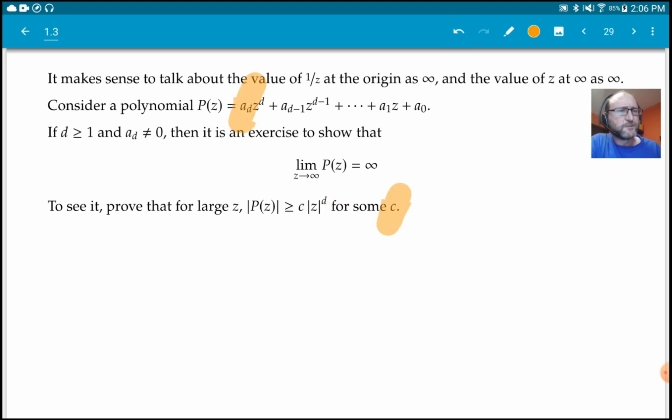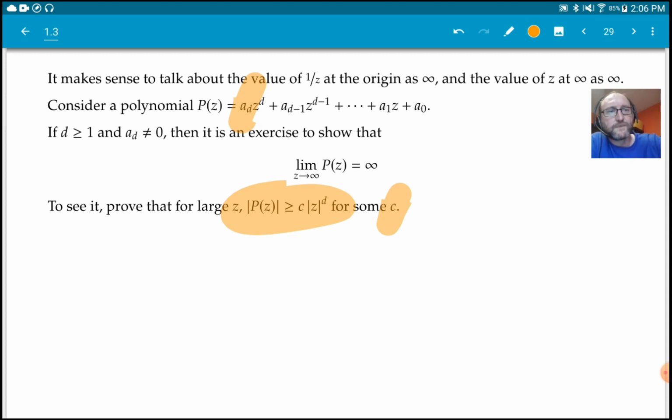This c is not necessarily going to be a_d. It's probably going to be something smaller. It should be a real positive number, smaller than the size of a_d. Let's take half the size; that will work.